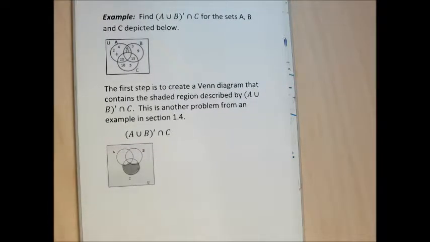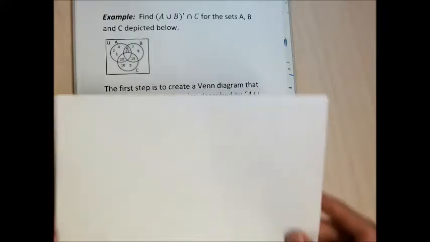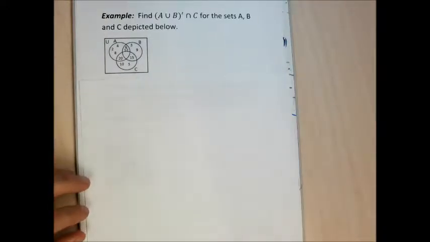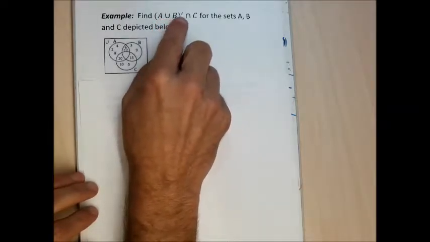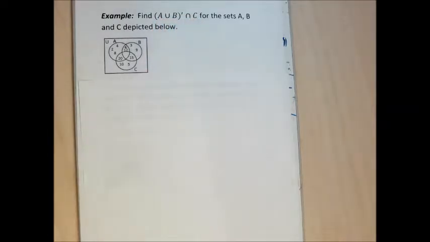So let me try, on my clean sheet of paper, to help us find A union B complement intersection C for this diagram. And of course, I'm going to spend a lot of time doing the shading and a little time doing the answer once I get the shading done.